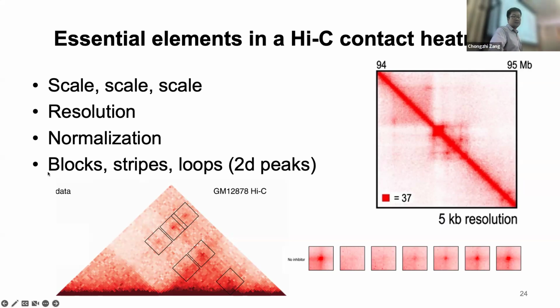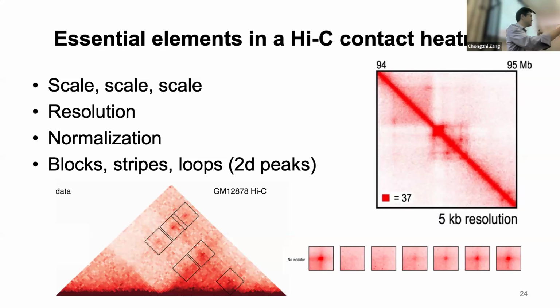And sometimes you want to look for interesting patterns in the Hi-C maps. First, blocks. We can see these types of blocks in the data, or here in this diamond map perhaps a triangle. These blocks mean that in a certain region in the genome there are a lot of interactions that occur.